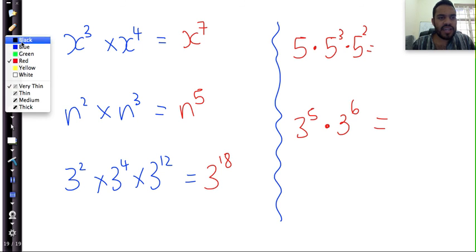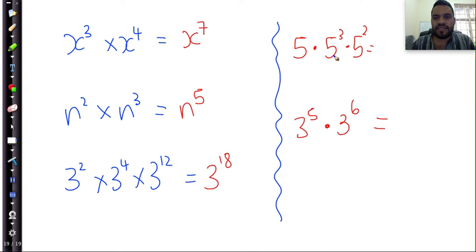And then on this side, 5 times 5 cubed times 5 squared, and if you don't see any exponent or power, you must know that the power is 1, because 5 is the same as 5 to the power of 1. Well, the answer here is just going to be 5 to the power of 6, and the answer over here is just going to be 3 to the power of 11.